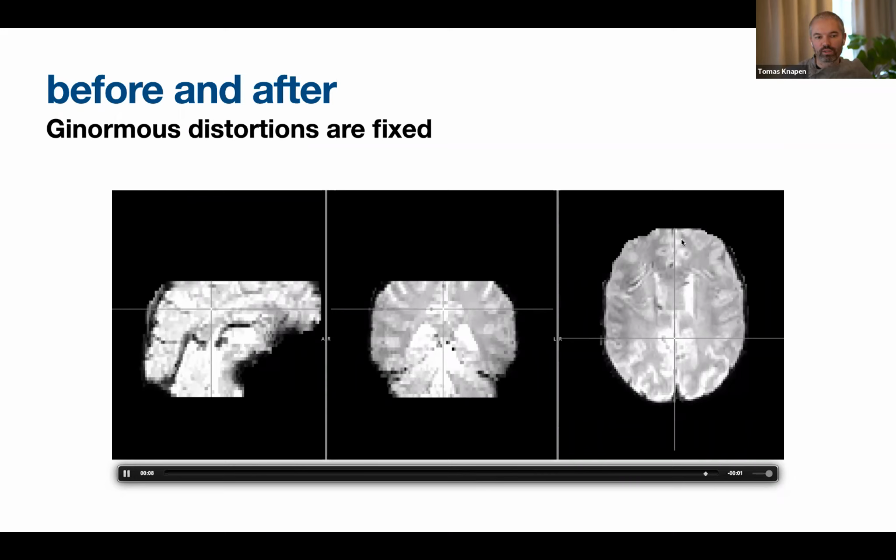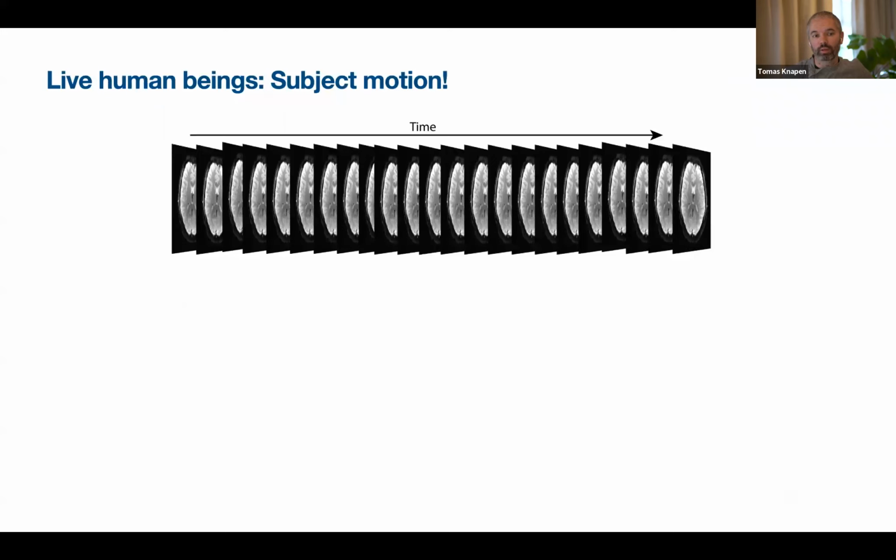This is worse exactly in regions where you have very large field distortions, and they happen mostly where the air hits the tissue, somewhere near the sinuses. You see a lot of shifts here, and not that many in other places in the brain. So you get strong shifts where you're close to air. We can fix those using this unwarping.